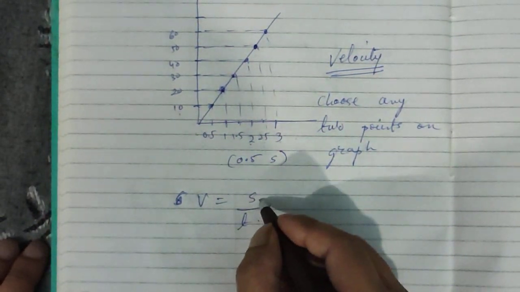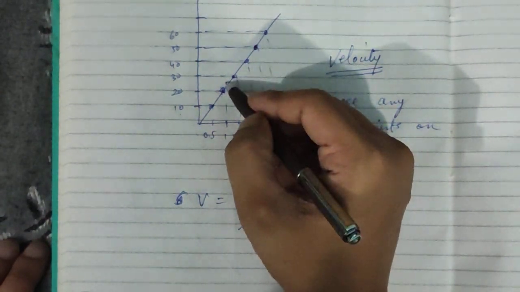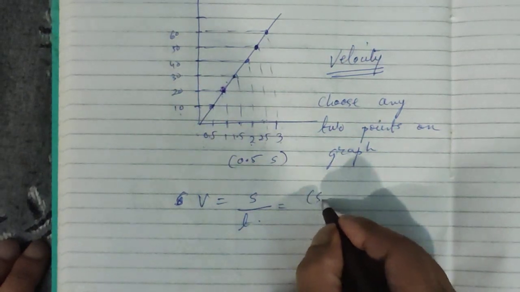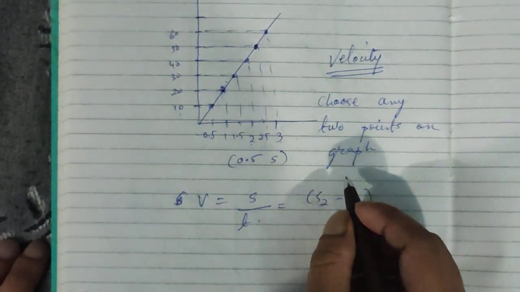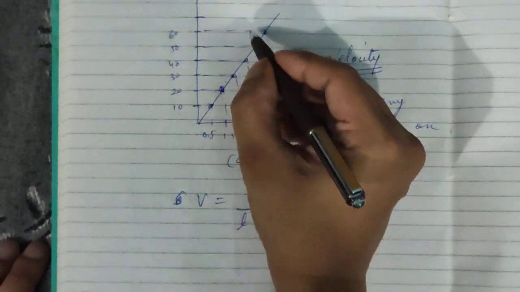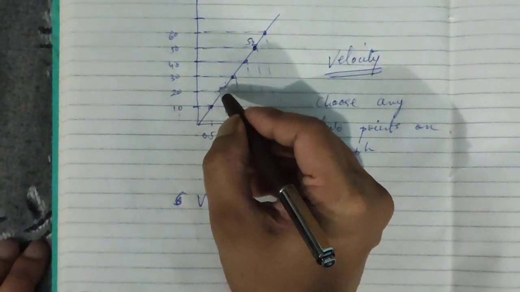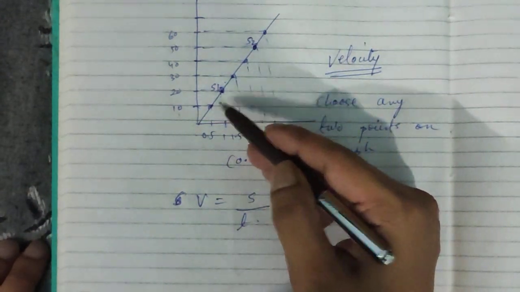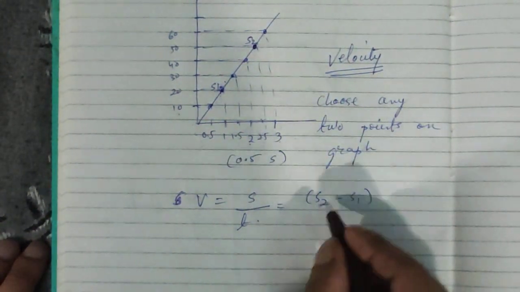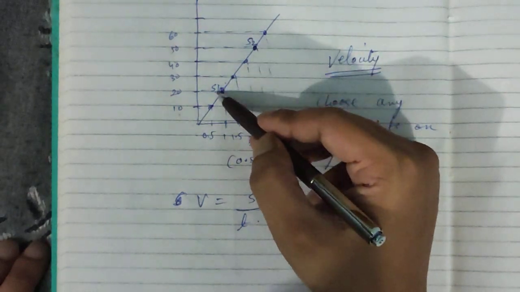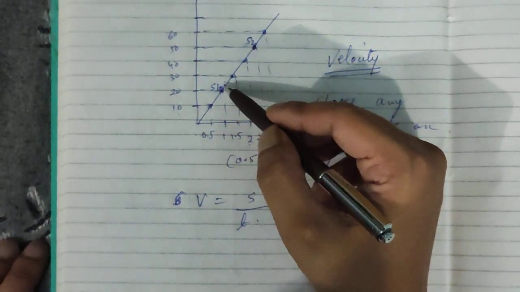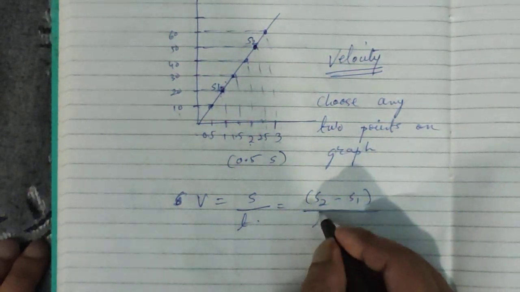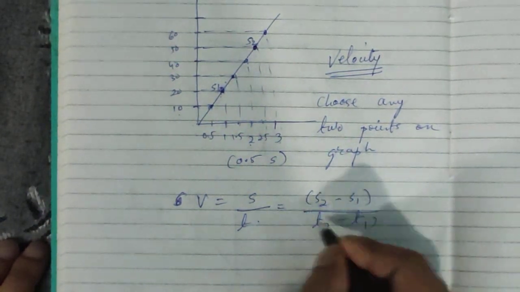Here I am taking points A and B. The distance or displacement is S2 minus S1, where S2 is this point and S1 is this point. S2 minus S1 will give me the displacement in between. And the time taken for the object to move from point S1 to S2 will be T2 minus T1.